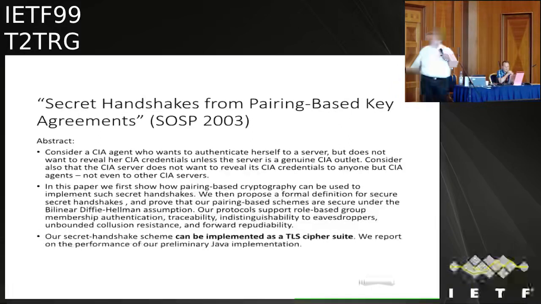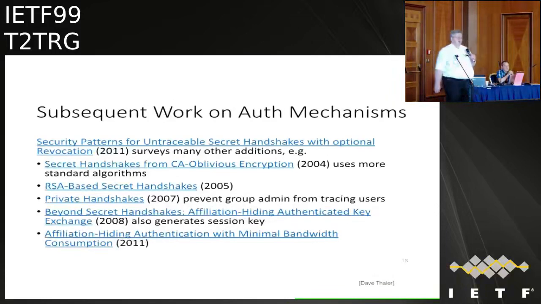And these people already started defining this as a TLS cipher suite, so they were thinking about implementing it. And other people have then later come along. And we think this is a requirement that is very important for the Internet of Things, because we have all these unplanned rendezvous between devices and people and devices and devices, where it just would be nice if a device could find out whether it's supposed to talk with somebody else or not.